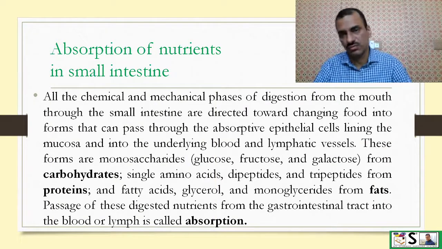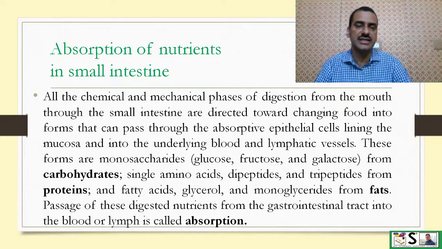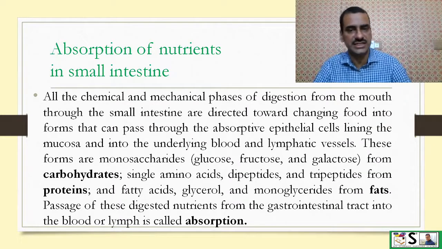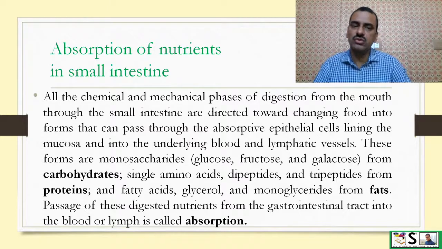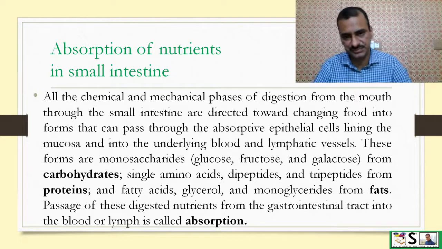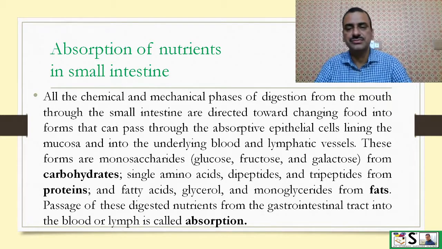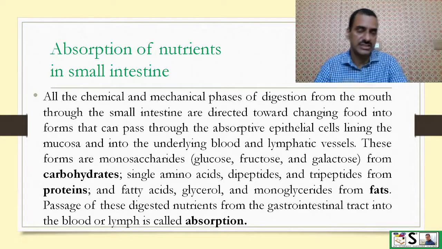Now, absorption of all nutrients in the small intestine. All the chemical and mechanical phases of digestion from the mouth to the small intestine are directed towards changing the food from complex to simpler forms as they pass, and then only they are absorbed in the epithelial lining of the mucosa and the underlying blood vessels. Then these nutrients enter into the blood vessels.